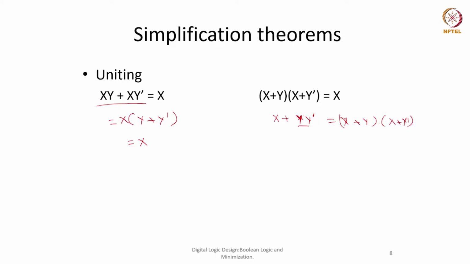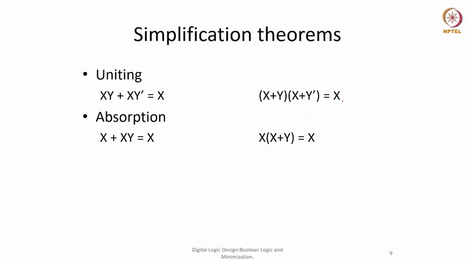So y and y dash is 0, so x plus 0 is equal to x. You can see that although I am writing it in a longer way, because of simplification this is essentially representing only x, and this x plus y dash would actually represent x. So this simplification could be a good shortcut whenever we are simplifying our expressions.